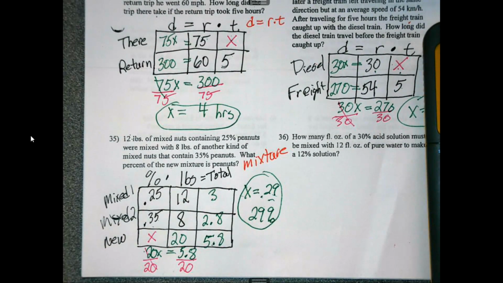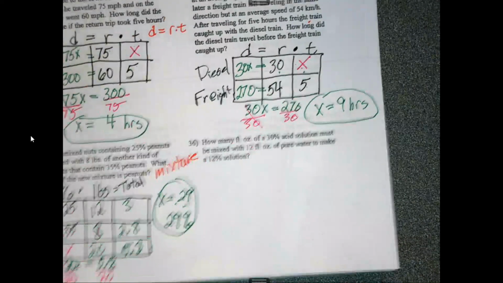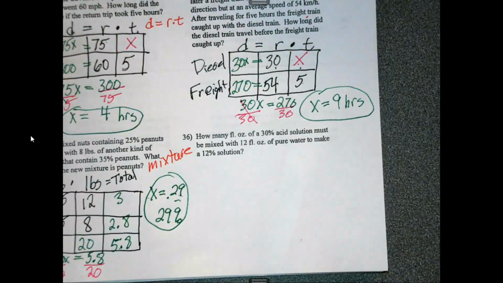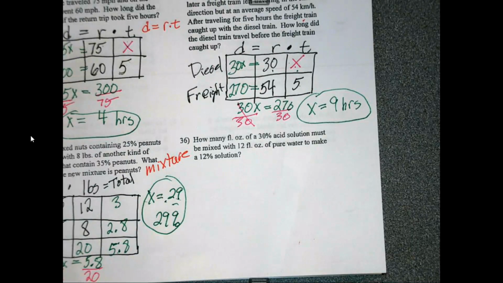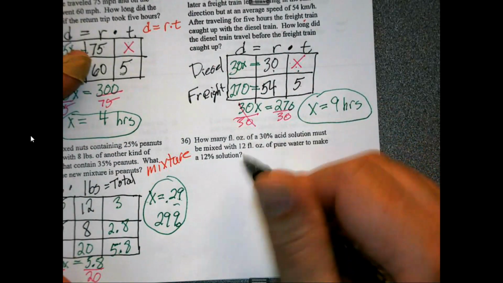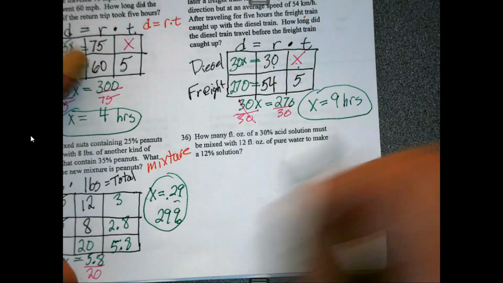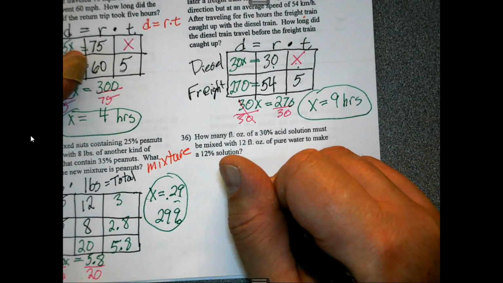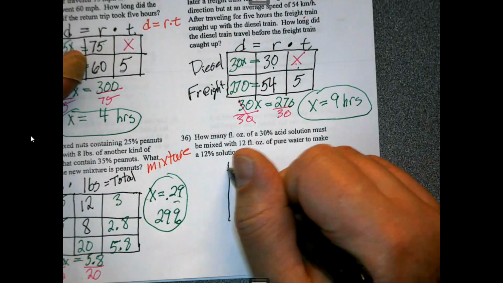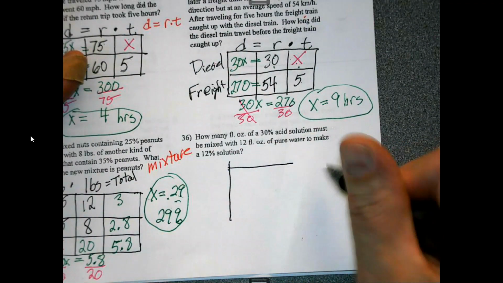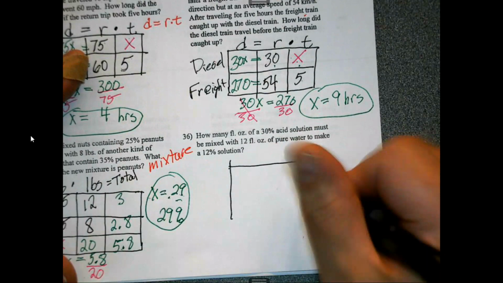And the last mixture problem, it's the same thing, really. I don't even know what they're asking. Sometimes they ask for pounds, so we've got to figure out what they're asking. It seems like fluid, so they're looking for the weight, right?